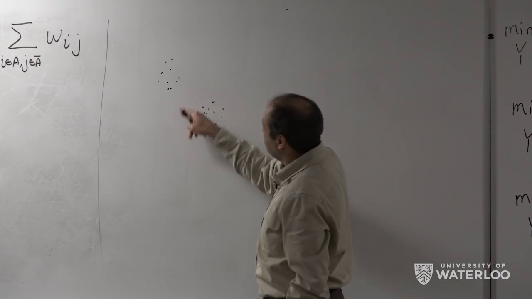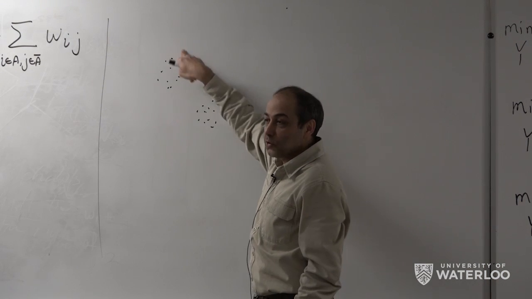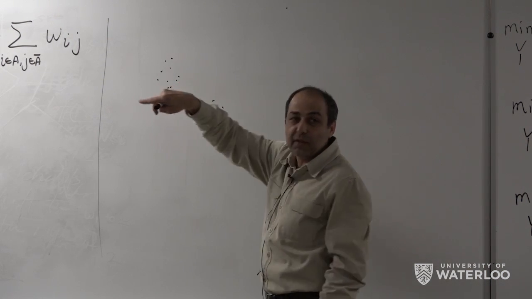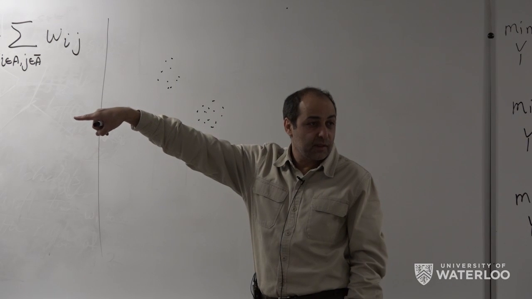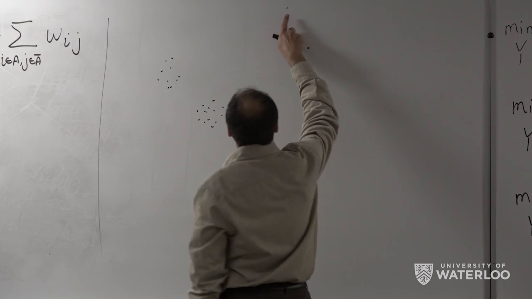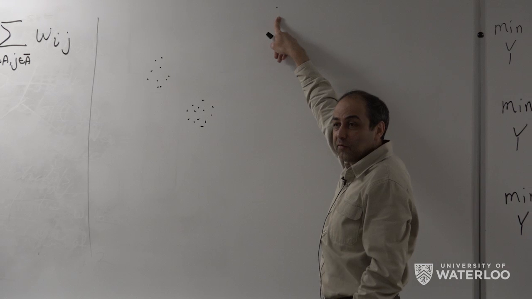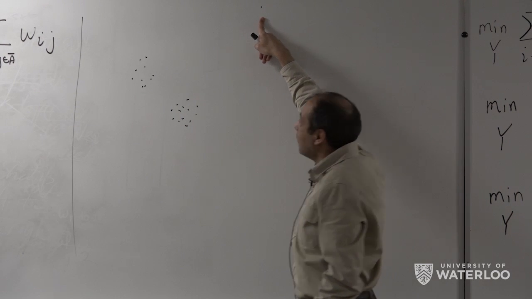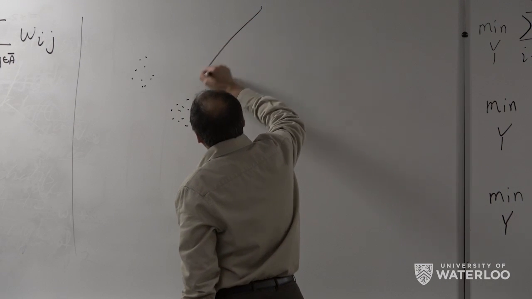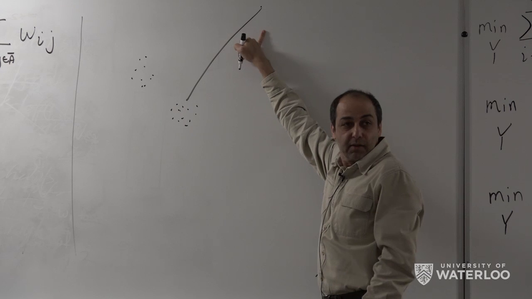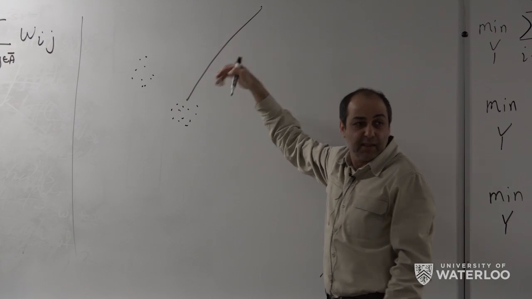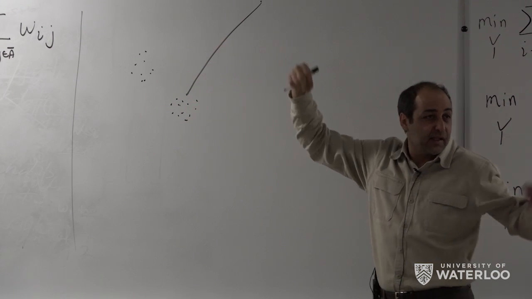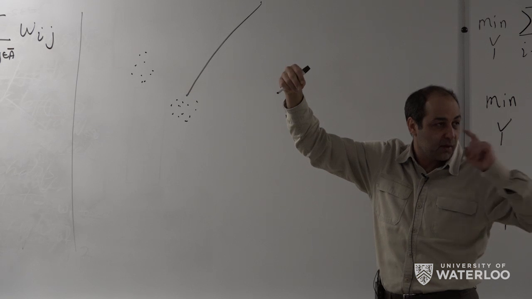So it seems that this point should be in one cluster, this point should be in another cluster. But if you just go with the intuition that we had, since this point is an outlier, pretty far from any other point, the weight on this one would be quite small because it's very dissimilar to other points. Distance is large, so similarity is small.